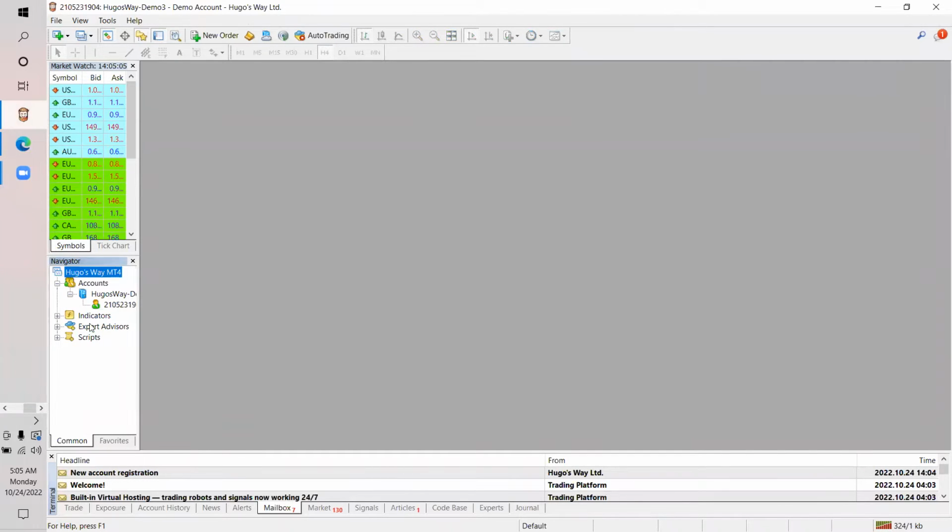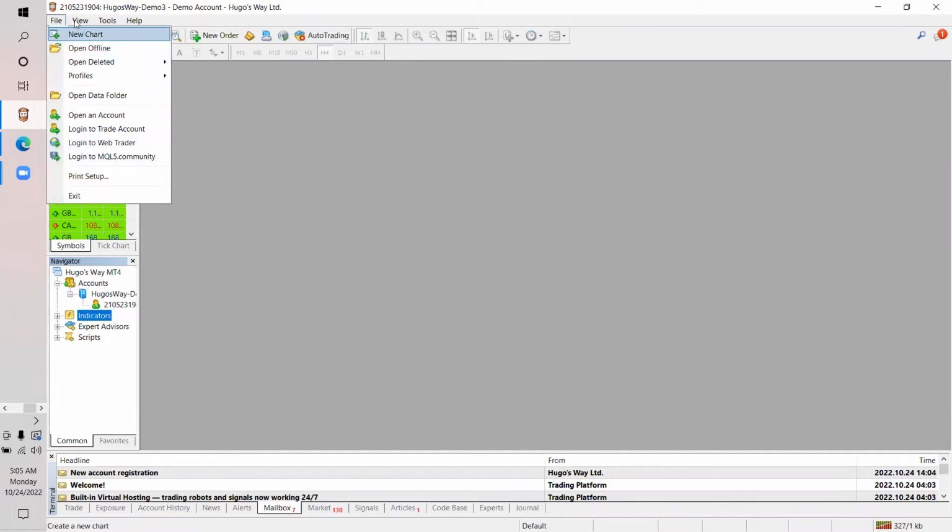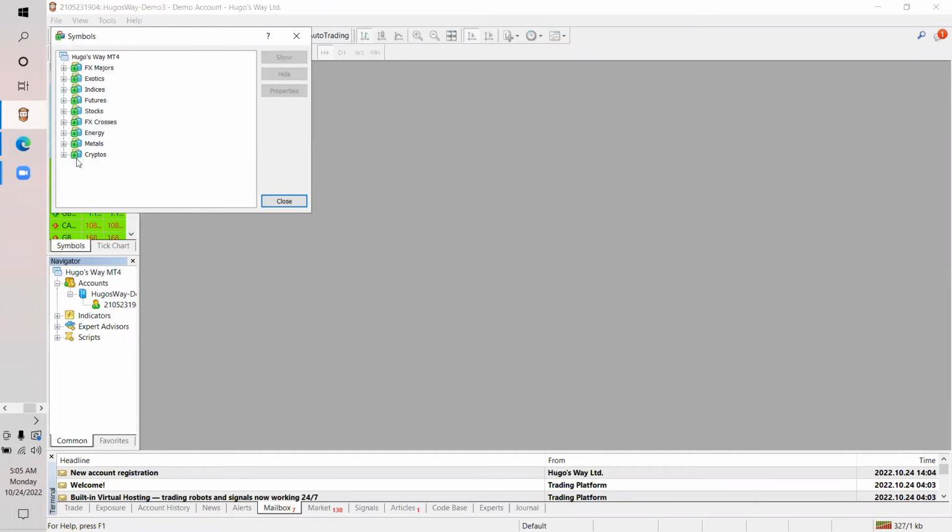So we've got that set up now. So now all we really need to do is pick the pair that we want to work on this time. So I'm going to go to view. I'm going to go to symbols. I still want to do a crypto. So we've already taken care of all the energy and metals. So we're already working on all the energies and metals that we can do for Hugo's Way. So now we just got to find something that we can work on.